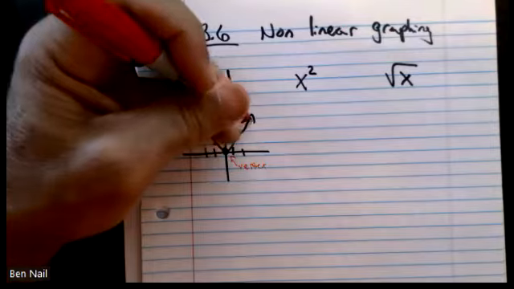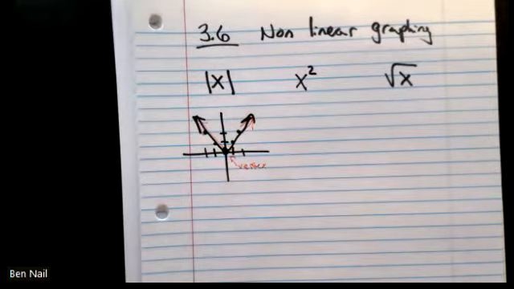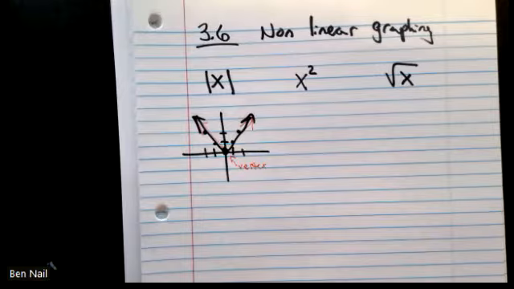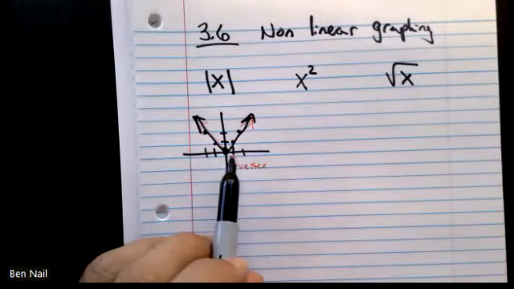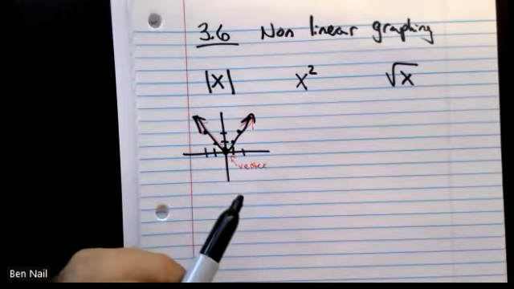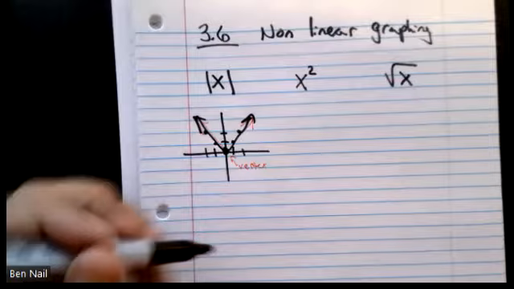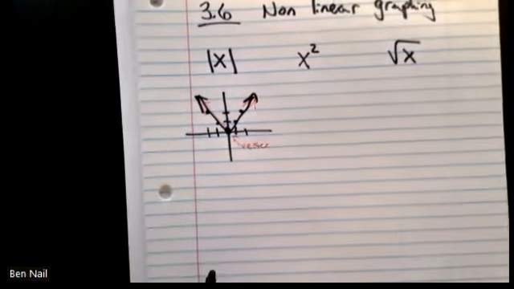And then it'll extend up in both directions. And this is basically the shape that you're going to use, and it'll shift up and down and left and right, and it may flip over, but this is the basic shape. I don't think they do anything to change the slope of the lines or anything like that.